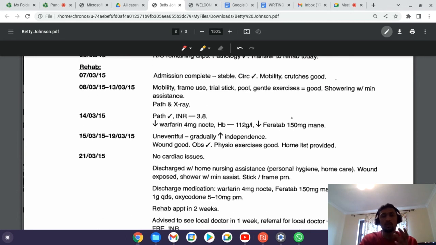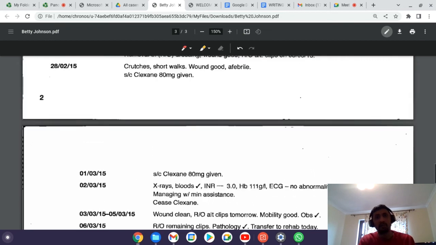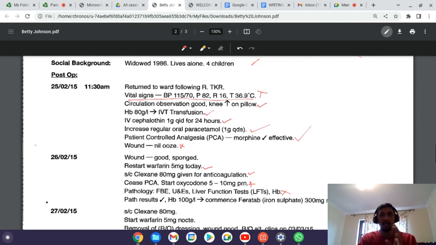All of the information looks very relevant to you. Why is that? Return to ward following right TKR, vital signs: it's not even semi-relevant because all is in the normal range. When it is in the normal range, don't write it, because you have a lot of information to write, and looking further down you can see a lot more information.